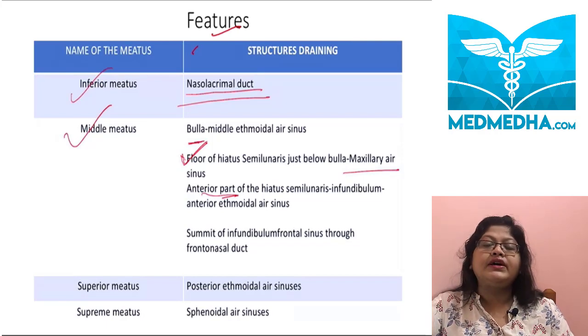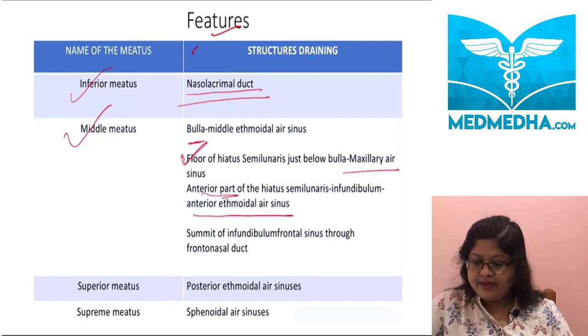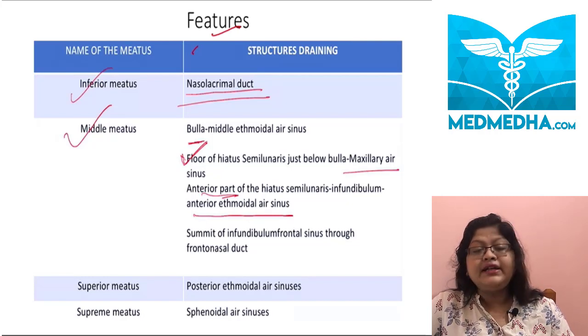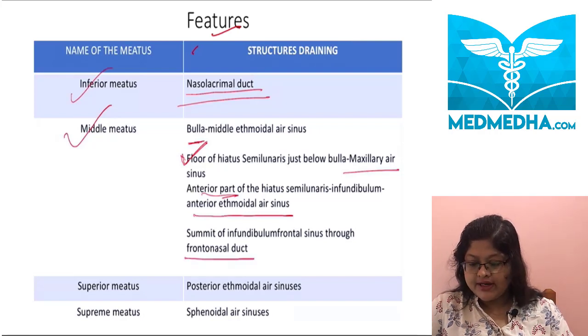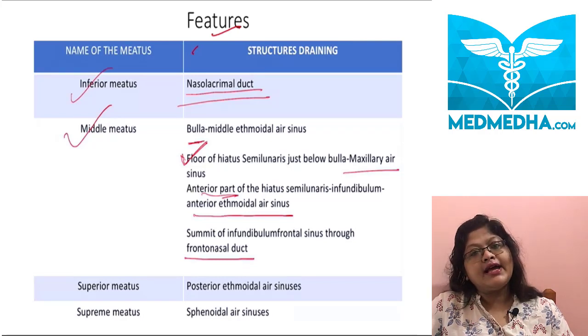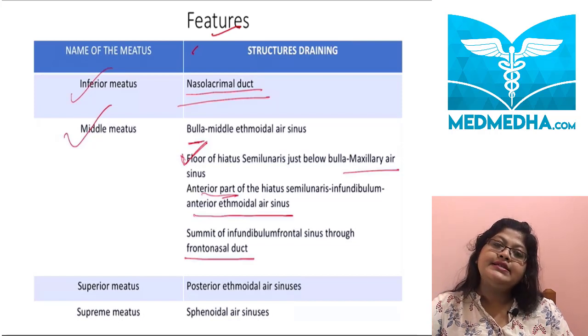And the tip of the hiatus semilunaris will have the opening of the frontal sinus through the frontonasal duct. This hiatus semilunaris, where the frontonasal duct is opening, is known as infundibulum.